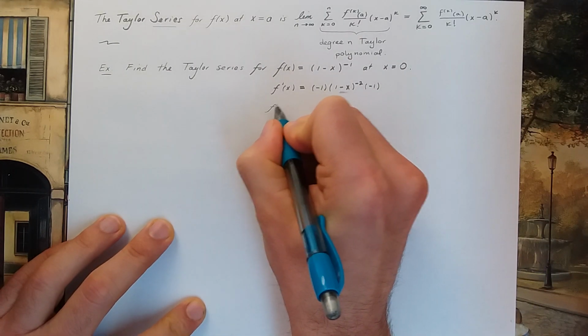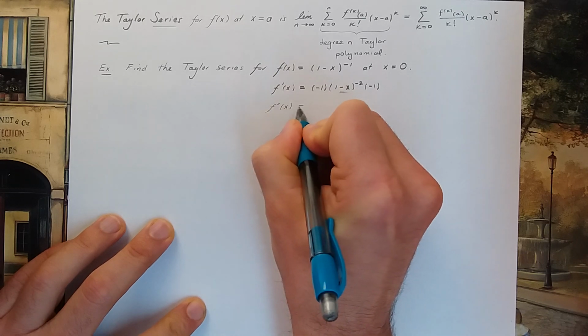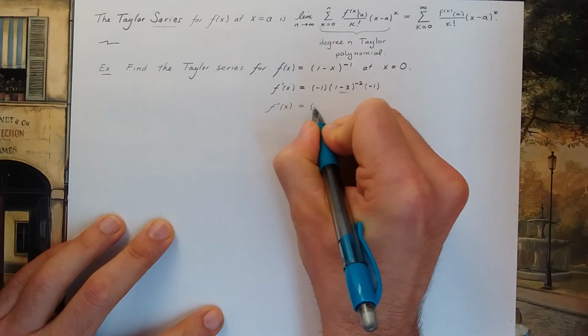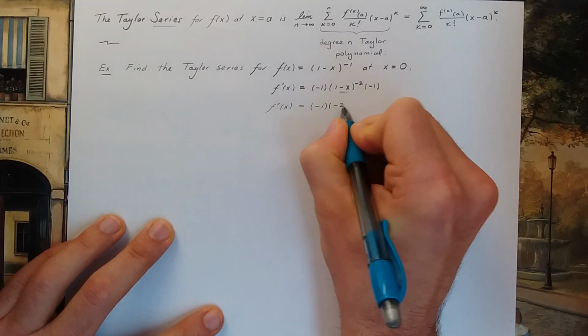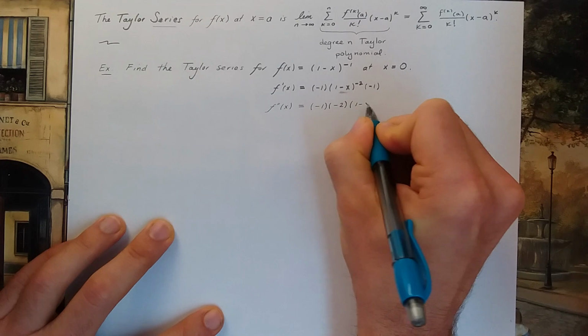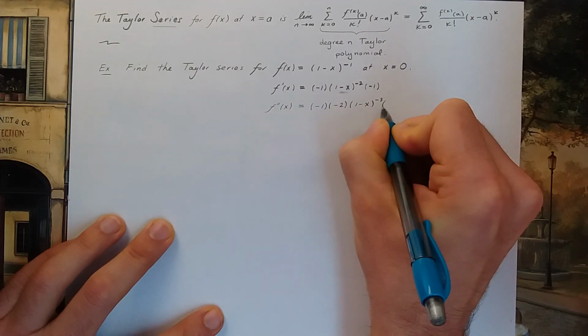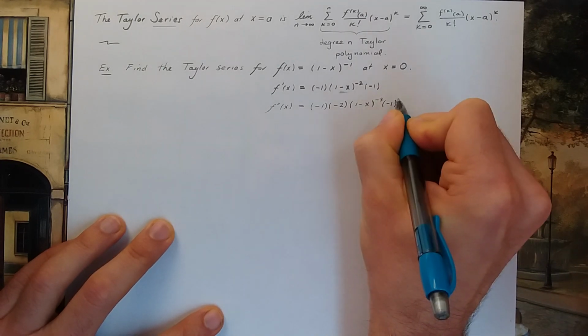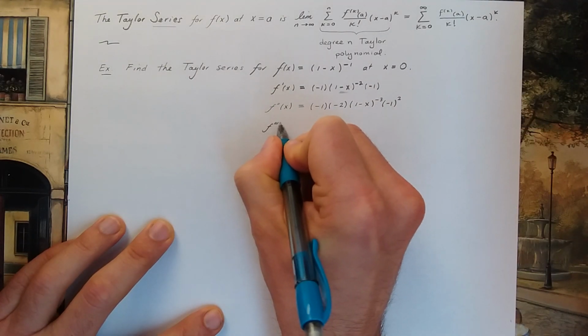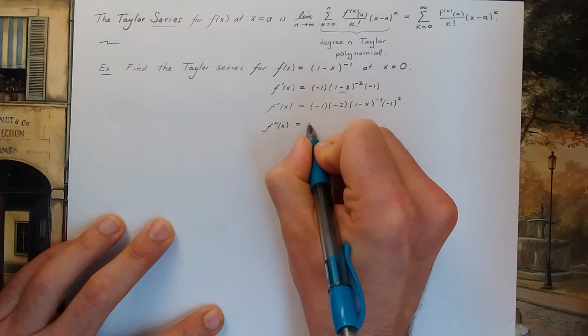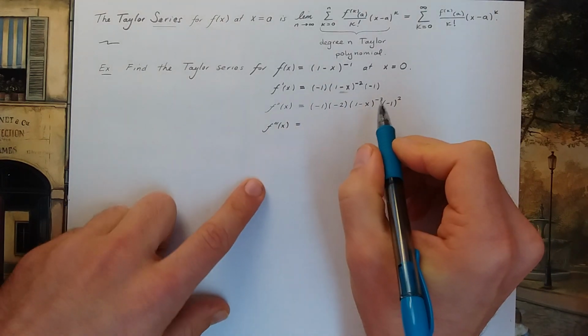The second derivative is negative 1 times negative 2 times 1 minus x to the negative 3, and then I get another negative sign from the chain rule. The third derivative, I'm starting to see a pattern.